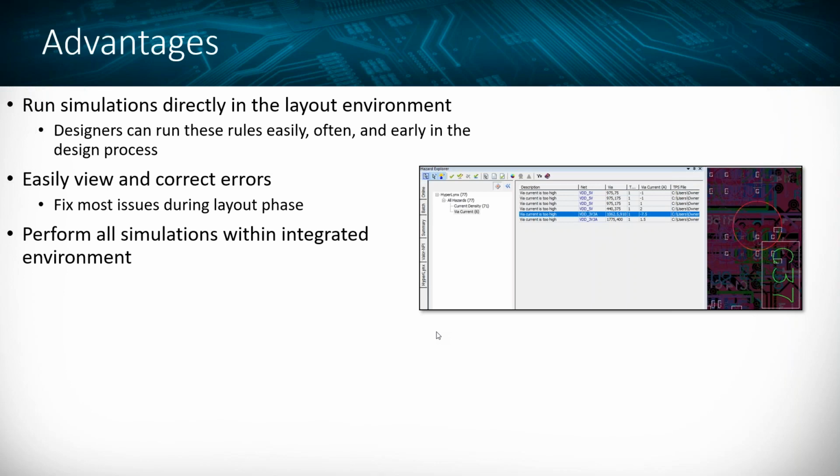Okay, just some quick advantages on why this might be a preferred workflow and allow you to quickly identify issues is we can run those simulations directly in the layout environment. This allows designers, printed circuit board designers, to point to these rules and run them easily, often, and early in the design cycle.